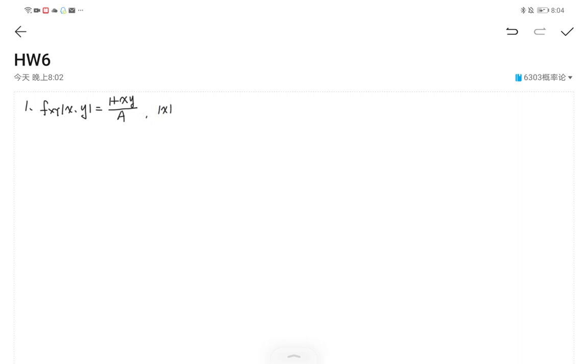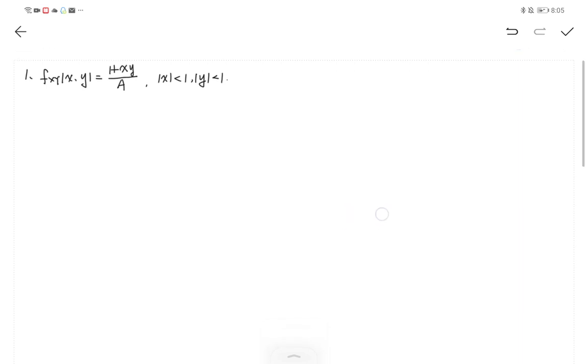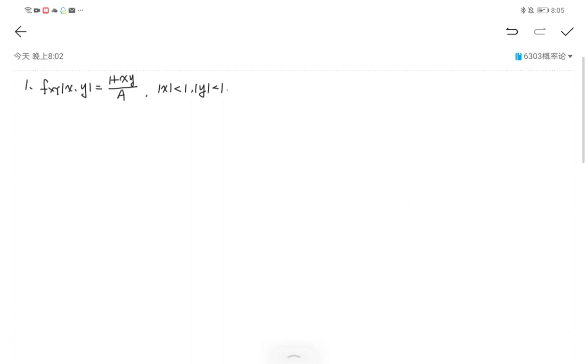It is valid when x and y are in this range, and it is 0 otherwise. First, find a so that the above defined function is a valid joint density function.